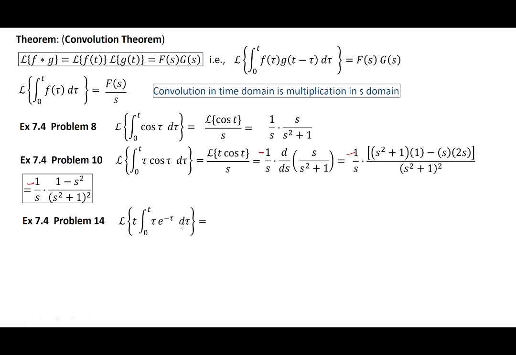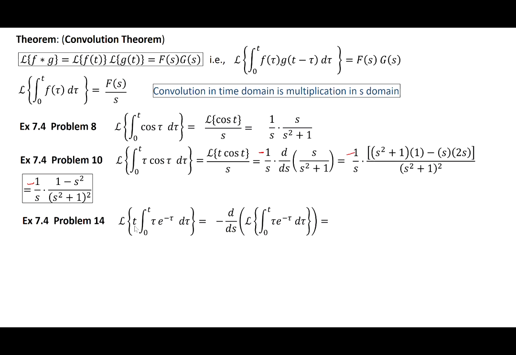That f of t happens to be this whole integral. So negative 1 to the n. What an idiot I am. I do have the negative sign here. I don't know why I forgot to put the negative in the previous one. Sorry about that, guys. Negative d ds of the Laplace of the integral from 0 to t of tau e to the negative tau d tau.